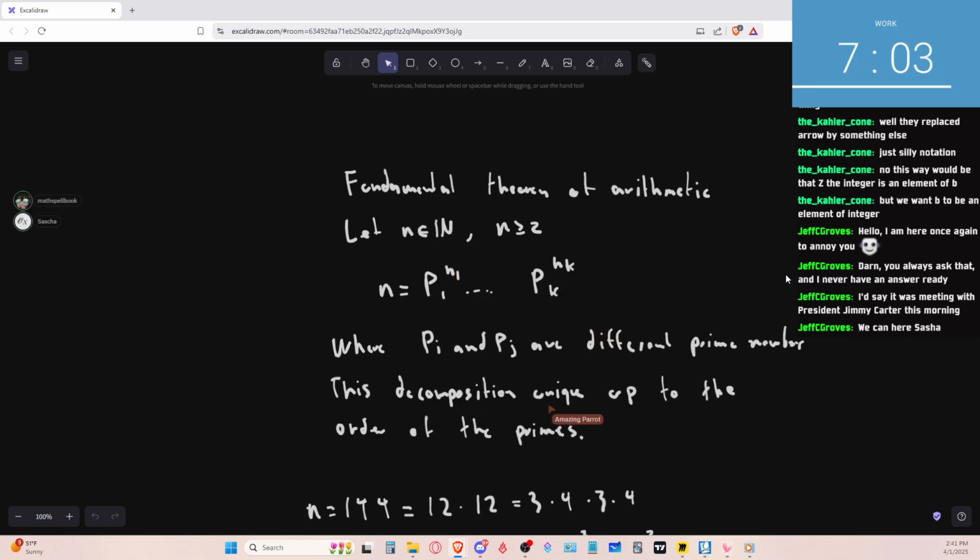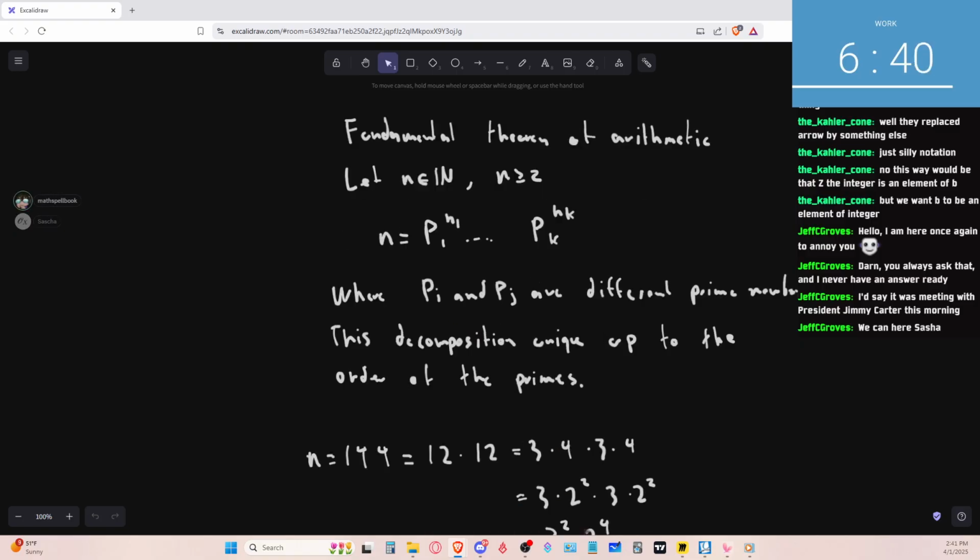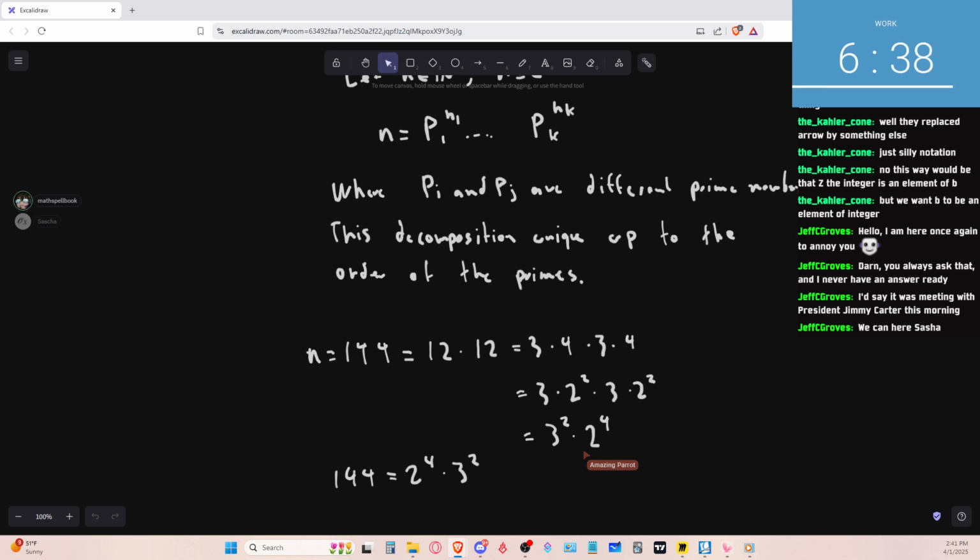So this is my way of summarizing: when it says unique, it basically means that no matter which way you do it, no matter what different numbers you use, it will always go back to those basic building blocks. That would be the same. Okay. So the exponents and the primes are unique, and the only thing you can really change is the order. So does the definition of uniqueness only apply to number theory?